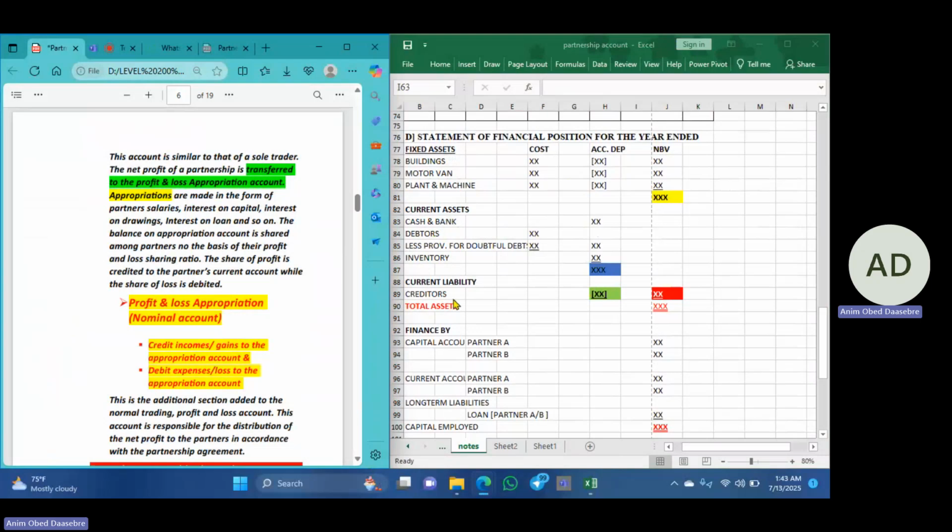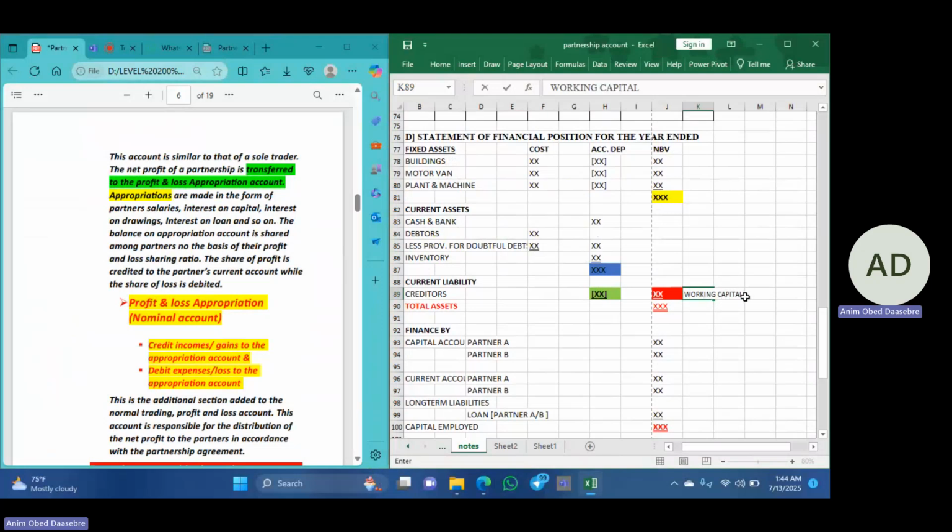Usually you'll be given one current liability, which is creditors or payables. You also subtract it from the current assets. You get the balance in the red. That balance in the red is what we term as the working capital.